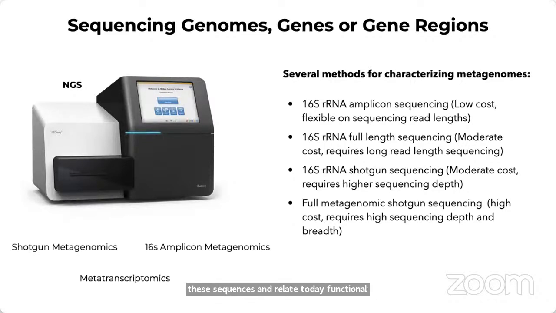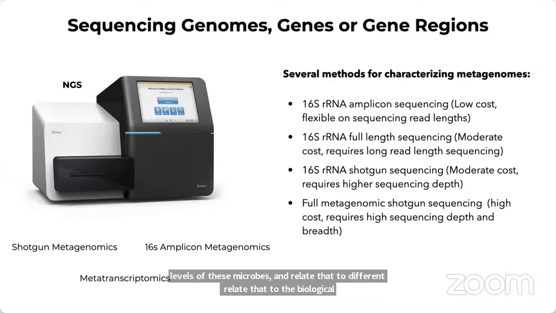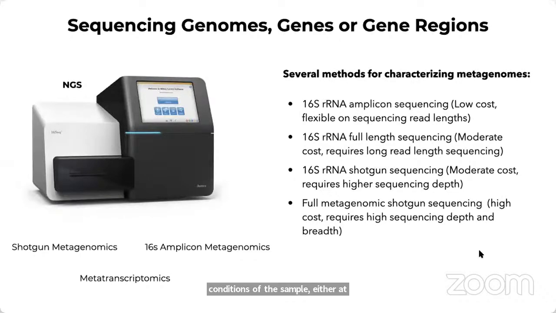And when you perform 16S rRNA sequencing, or selected portion or hypervariable amplicon sequencing, then we have the ability to estimate the abundance levels of these microbes and relate that to the biological conditions of the sample, either from the diseased state or healthy state in general.